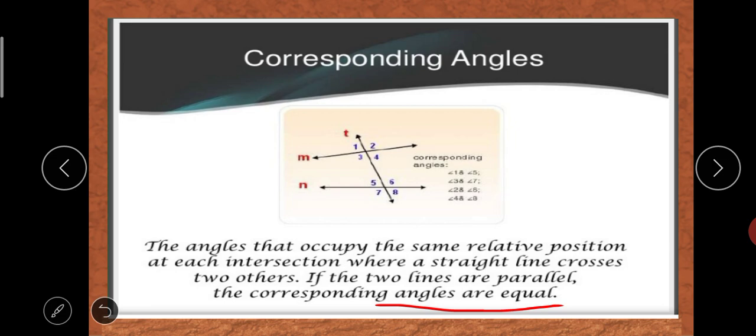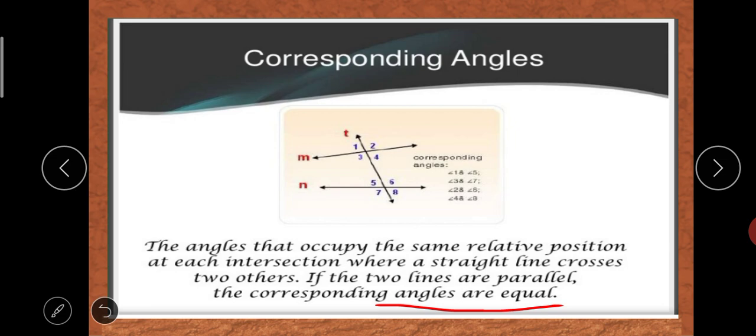Now see here, M and N are the two lines, and T is a transversal. When it passes through them, we will find that corresponding angles are formed, vertically opposite angles are formed, and interior angles are formed. So now first study the corresponding angles.